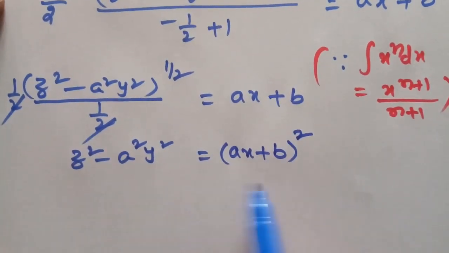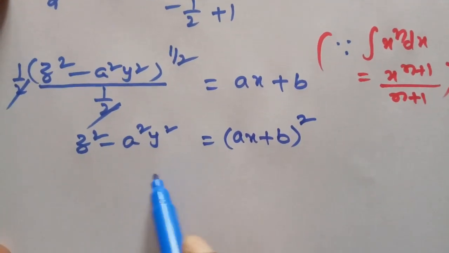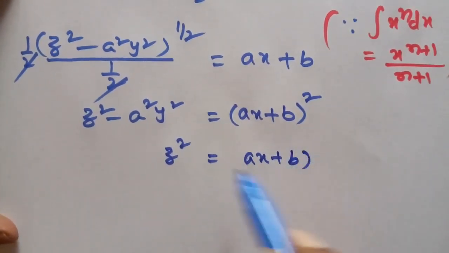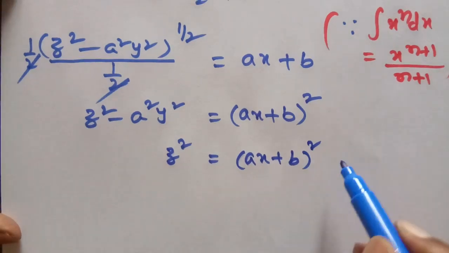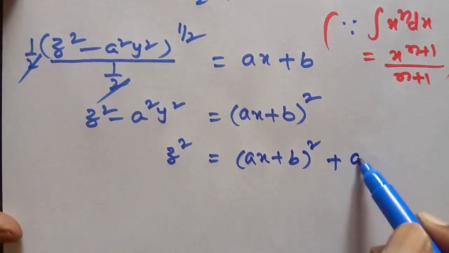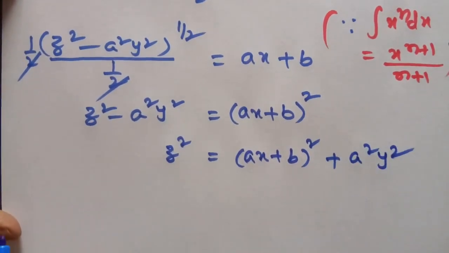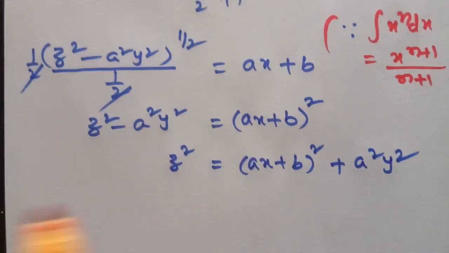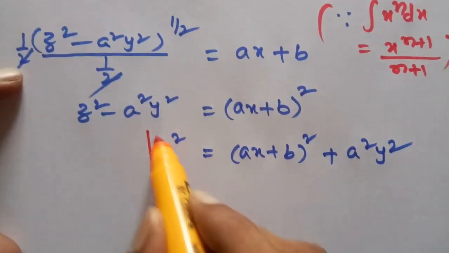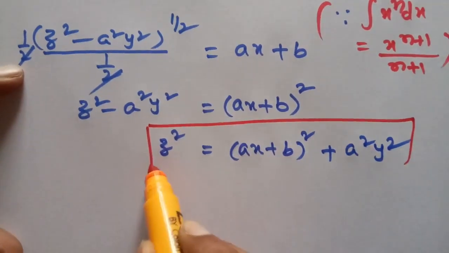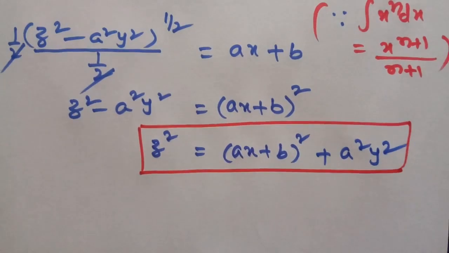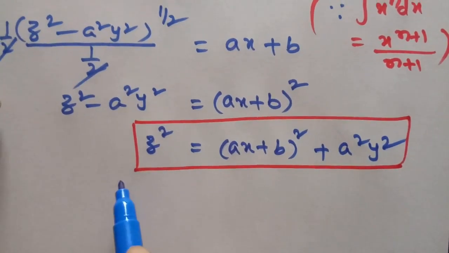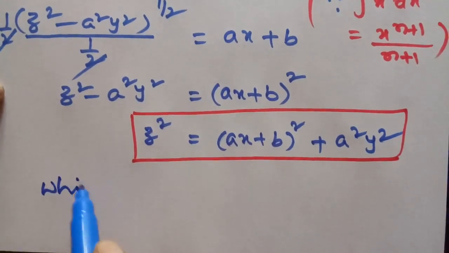Therefore, z square is equal to ax plus b whole square plus a square y square, which is the required complete integral for the given equation, as it contains two arbitrary constants a and b, and two independent variables x and y.